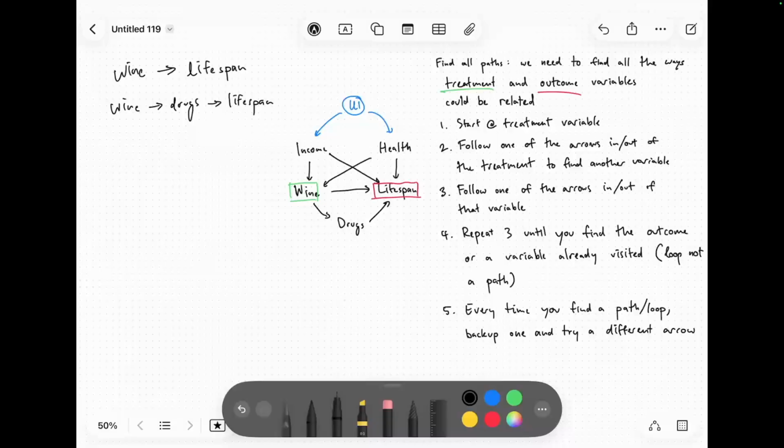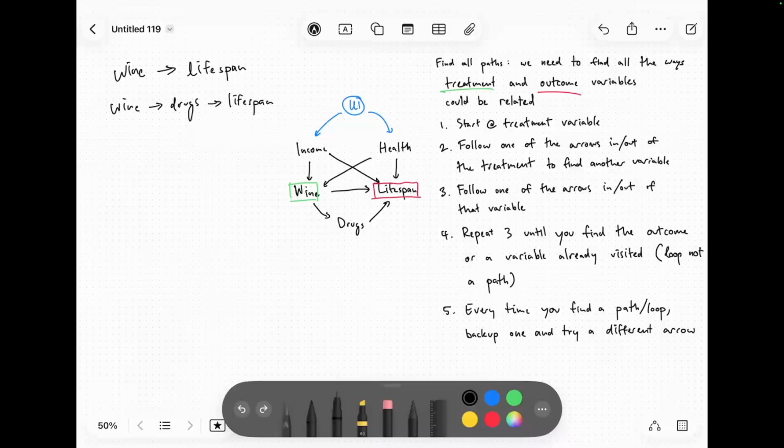Okay. Any other paths? No? Really? Remember, you can go the other way too, right? It's in or out. So you could say from instead of to, yeah?